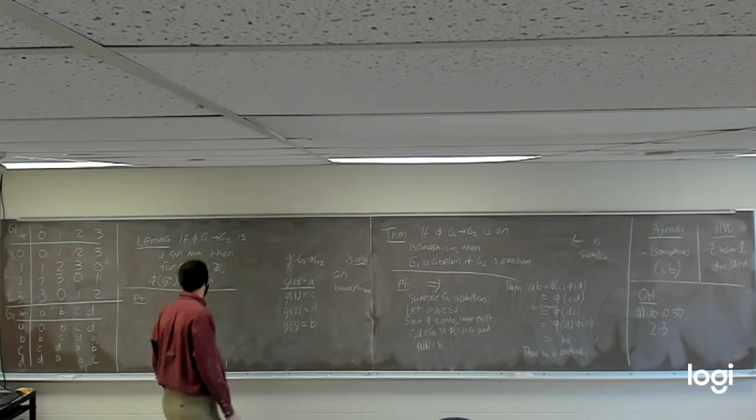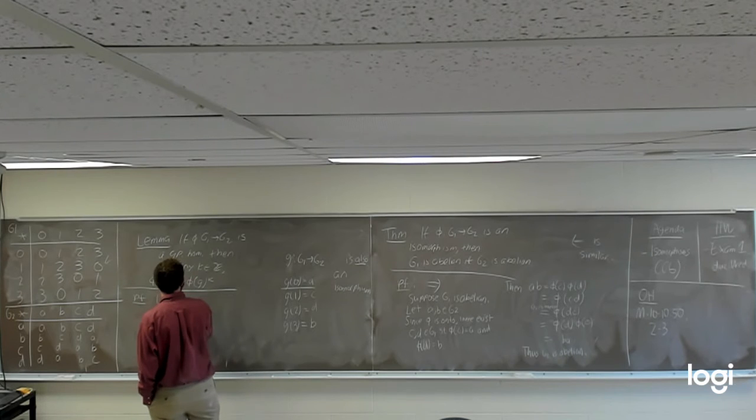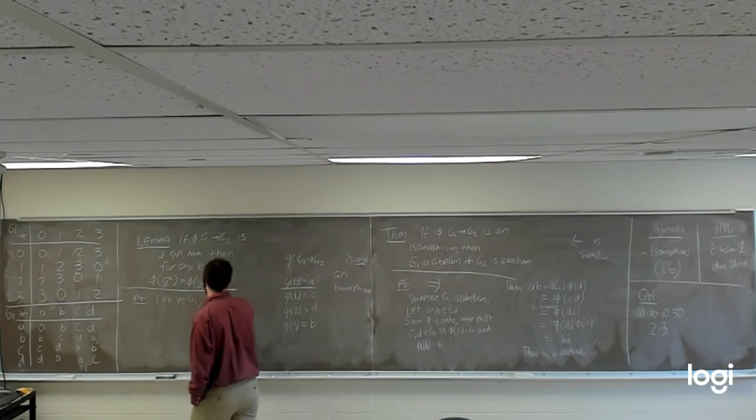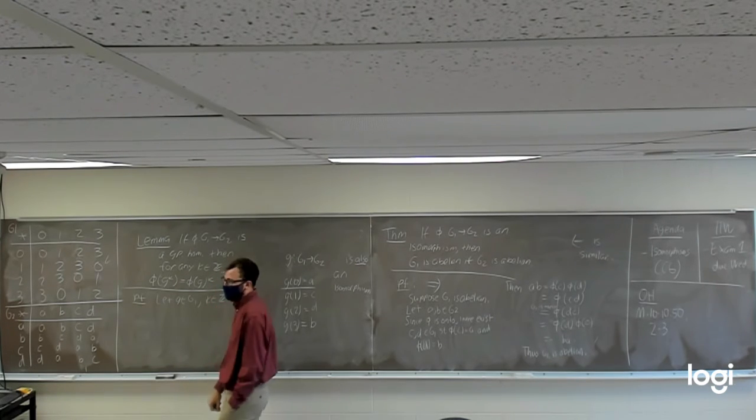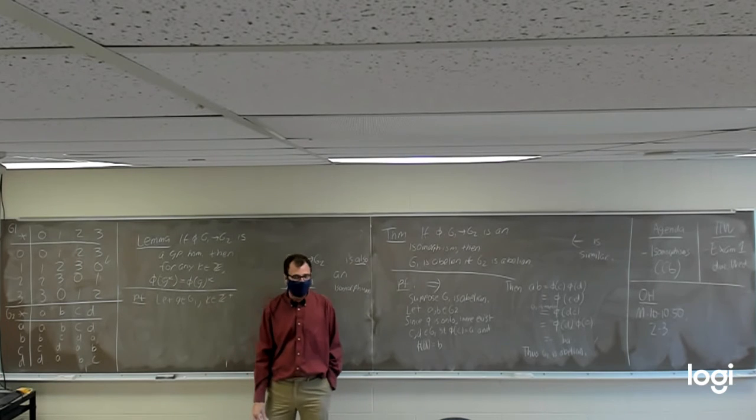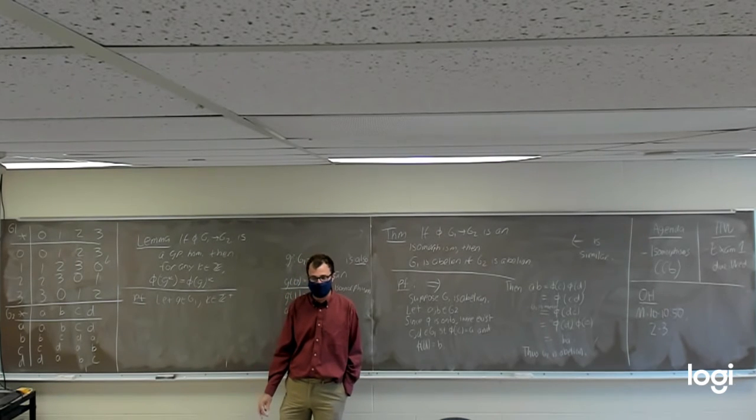So here's the proof. We're going to let g be an element in G1, k be an integer. I'm going to let k be a positive integer, and then the proof for negative integers works very similarly.